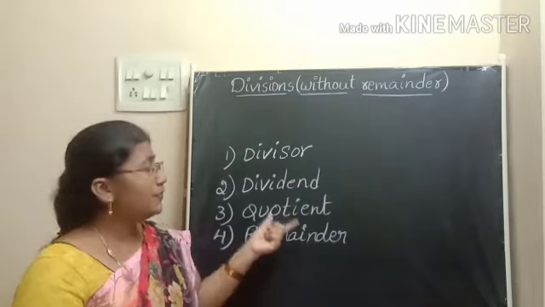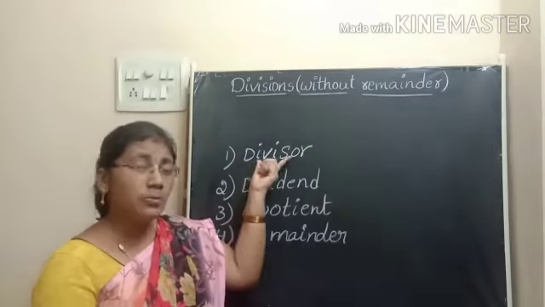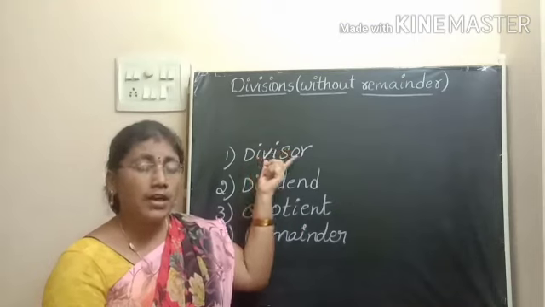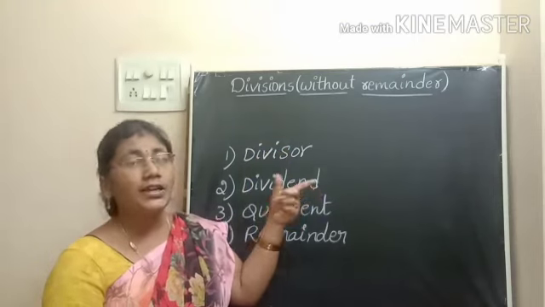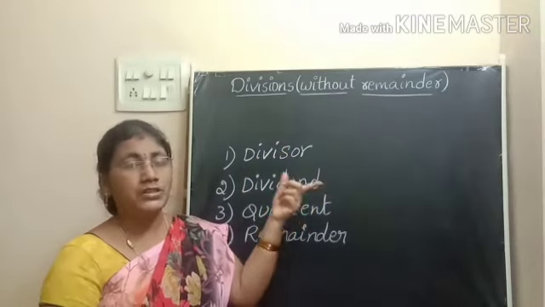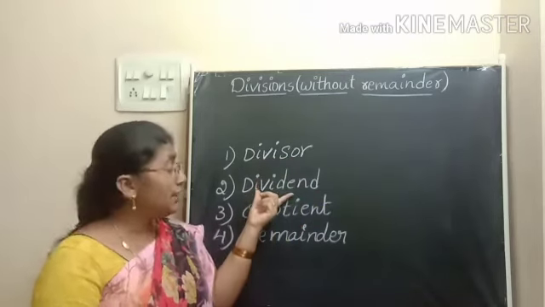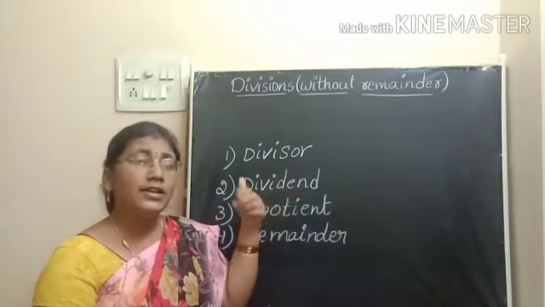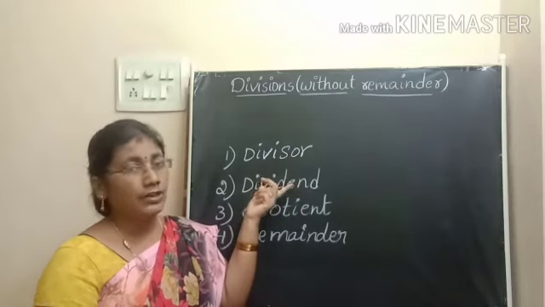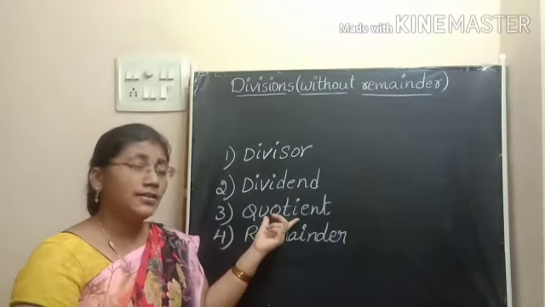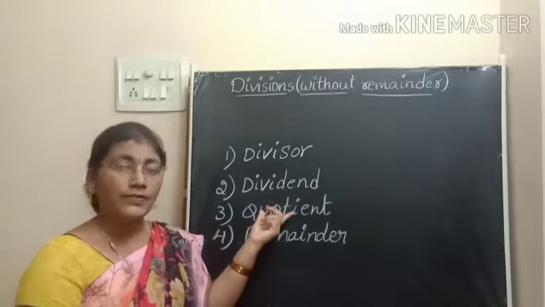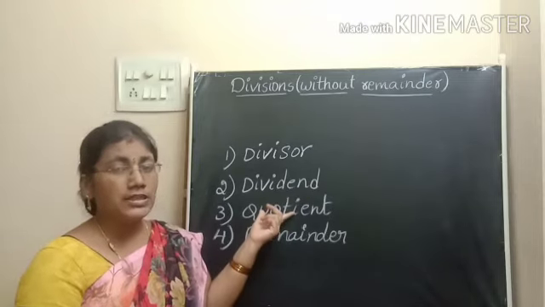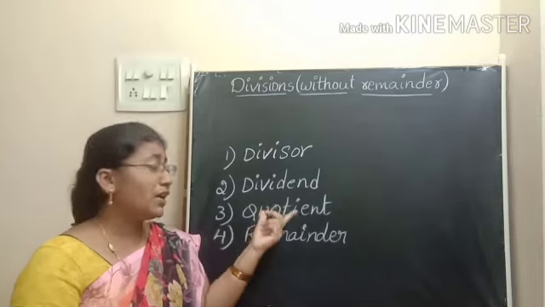Understood, children? Divisor means this is a number by which we can take division. Dividend means this is a number which is divided by the other number. Coefficient is the result of division.